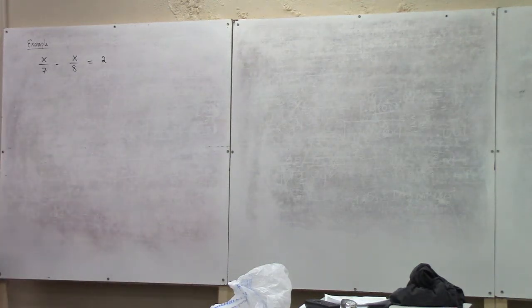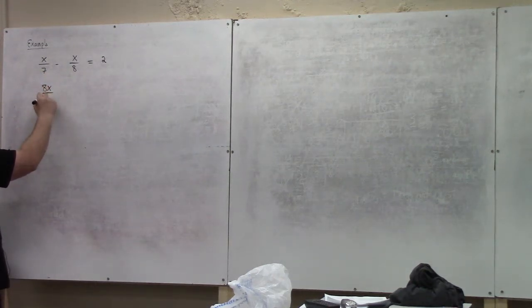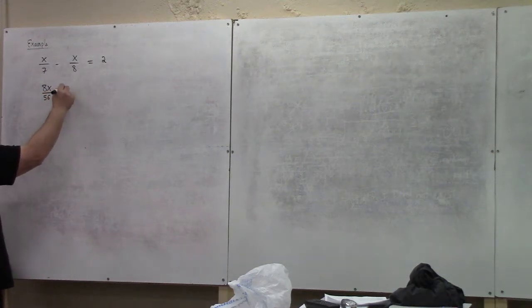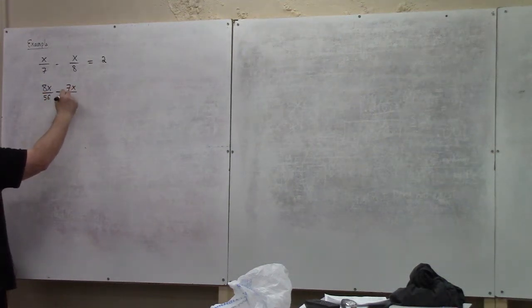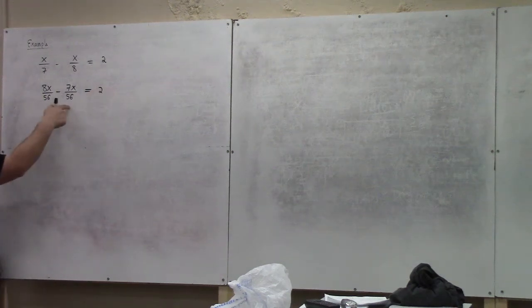How do you think we should solve this problem? Common denominator. So that would be 56, right? So I've got 8x over 56 minus 7x over 56 equals 2. What's 8 minus 7? It's 1, right?